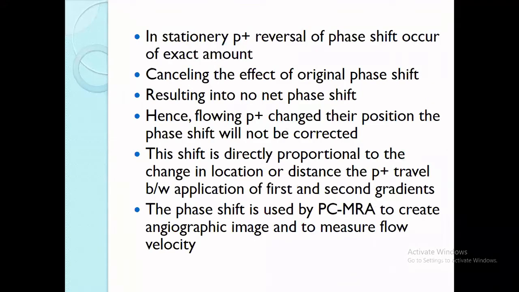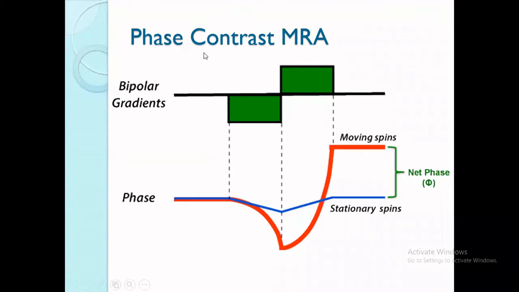Now in the stationary, for example, at a particular slice, there are stationary protons. So the reversal of the phase shift will occur by the exact amount as you have applied the earlier one, cancelling the effect of the original phase shift, as you have seen. How? If you have applied the phase shift of -1, and then later on we apply, using the bipolar gradient in the opposite direction, the net change for the stationary will be 0.